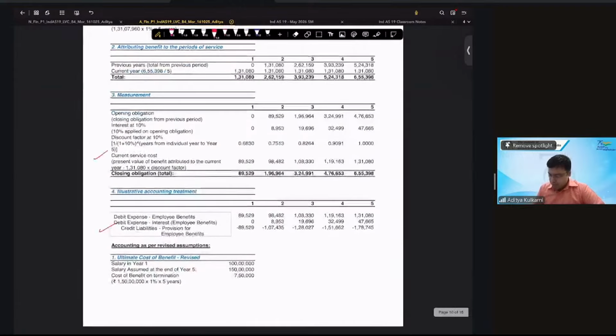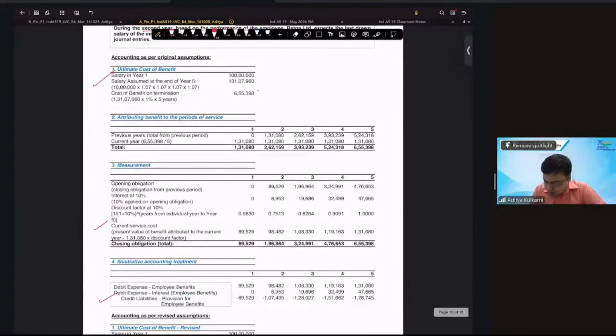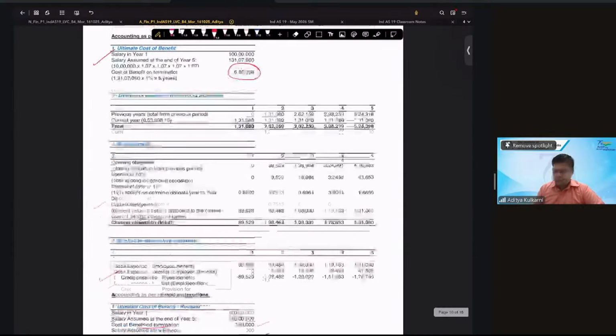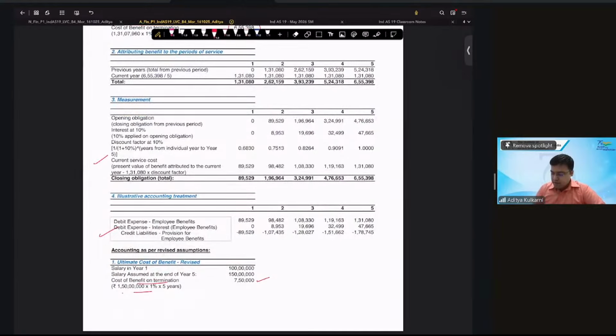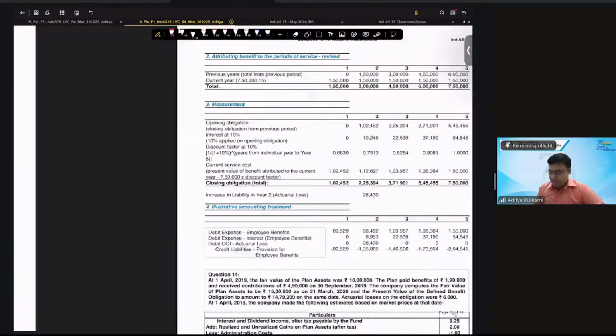When it is 1.5 crores, the cost of benefit on termination will be 1.5 crores into 1% into 5 years. It will be 7 lakh 50. How much was it earlier? 6 lakh 55. How much will it now be? 7 lakh 50. Is there a change in the ultimate cost of benefit? Answer is yes. About 1 lakh, your cost of benefit has gone up.